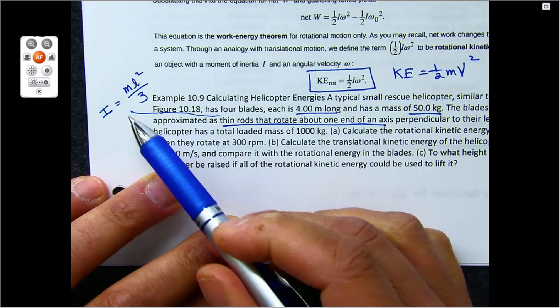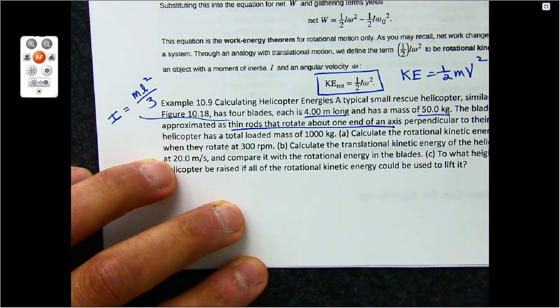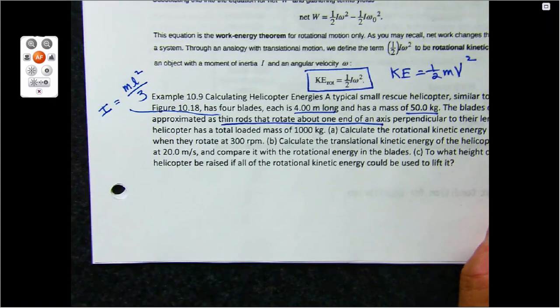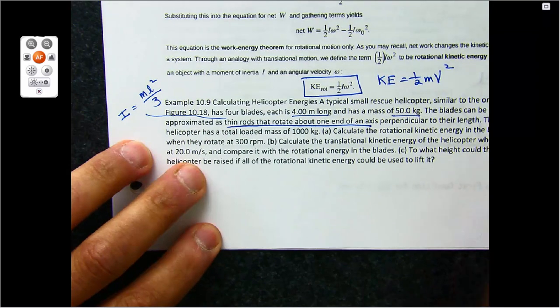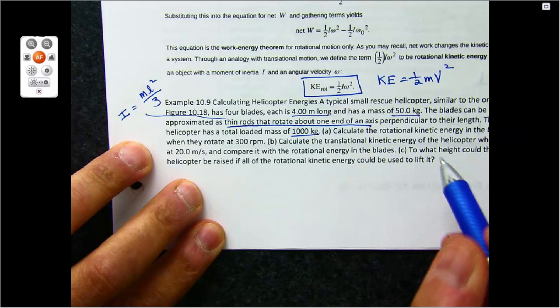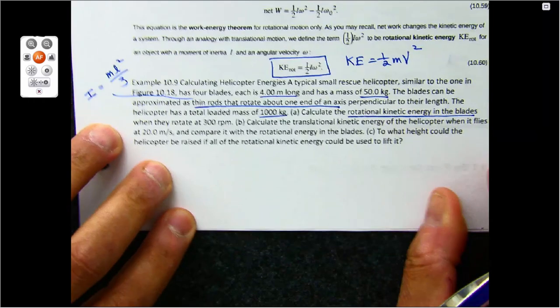The rotational moment of inertia would be figured with ml squared over 3. The helicopter has a total loaded mass of 1,000 kilograms. Calculate the rotational kinetic energy of the blades.